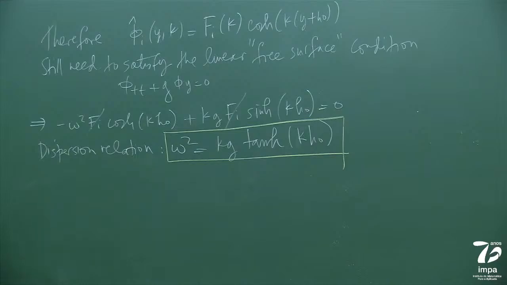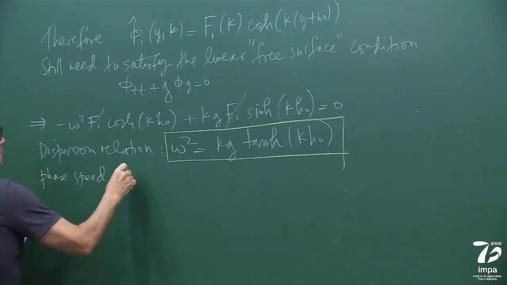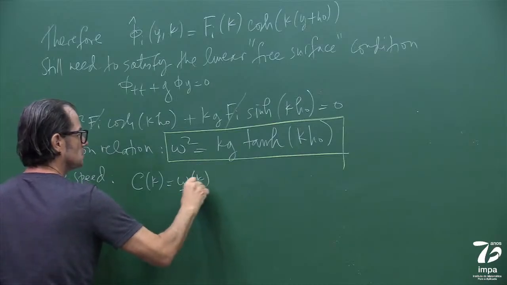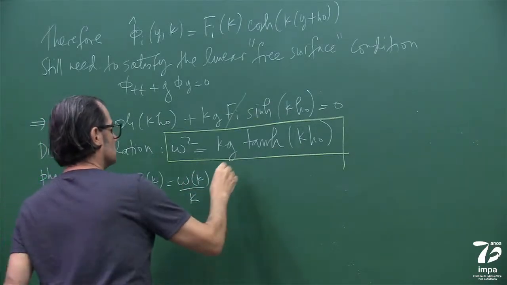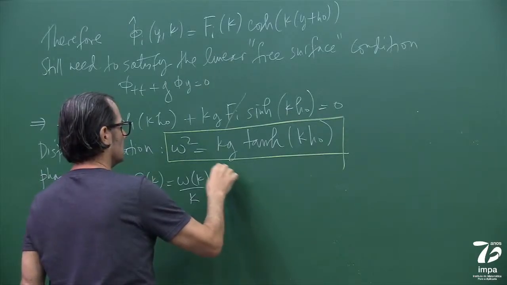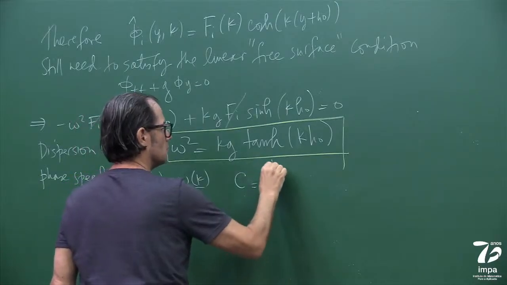Okay, and actually if you want the phase speed, which is divided by k squared, there's going to be c, which is going to be the square root.